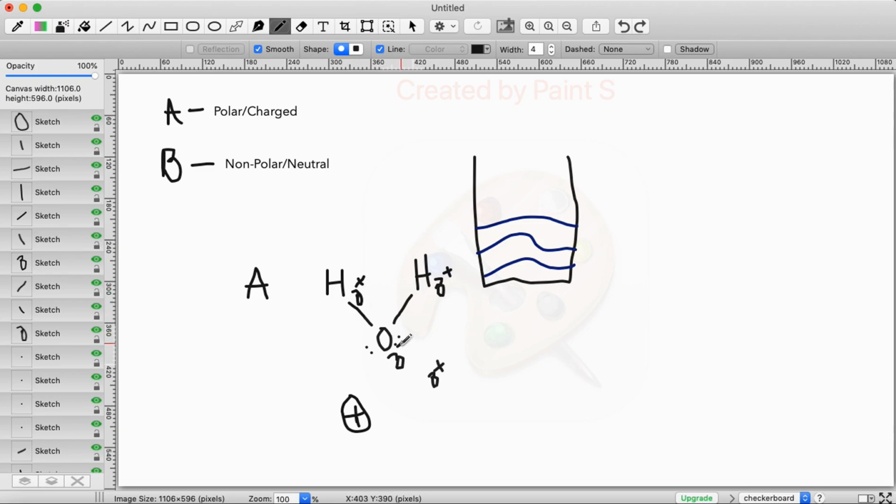Now positive goes to negative, and then you'd get really good interaction between this molecule and something else that has a positive and interacts well with the negative. And vice versa, if you had something else here that was negative, it would interact well with this hydrogen, right? It would have a good interaction as well.